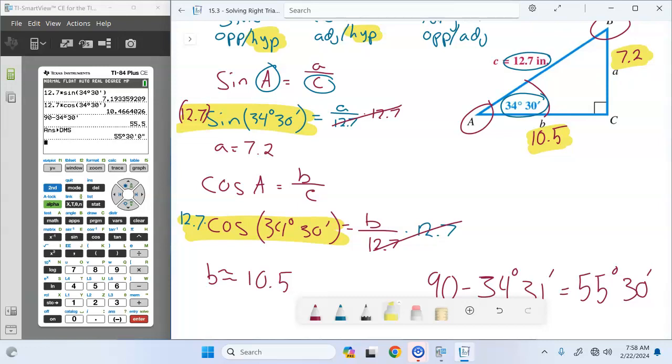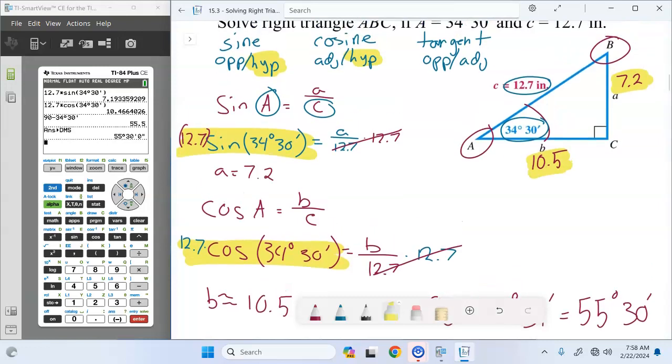Your rounding could affect your values. So if I tried to use cosine of B with my side A, which was rounded, my side length B could be changed from that, and I could be off by literally 0.1, but it's still wrong. You don't want to use rounded values in any of your future calculations, so you want to make sure you are as precise as possible.